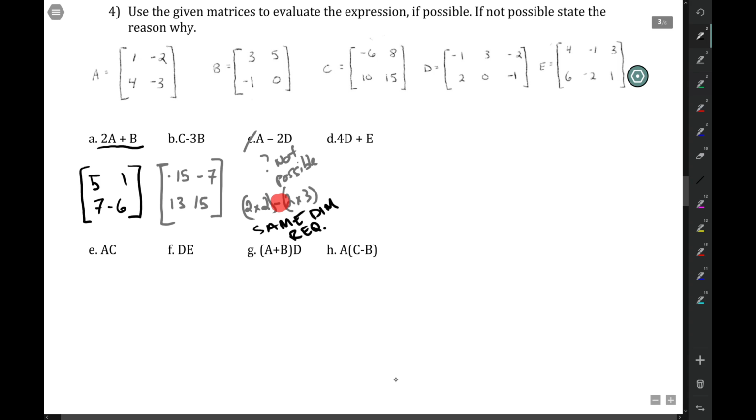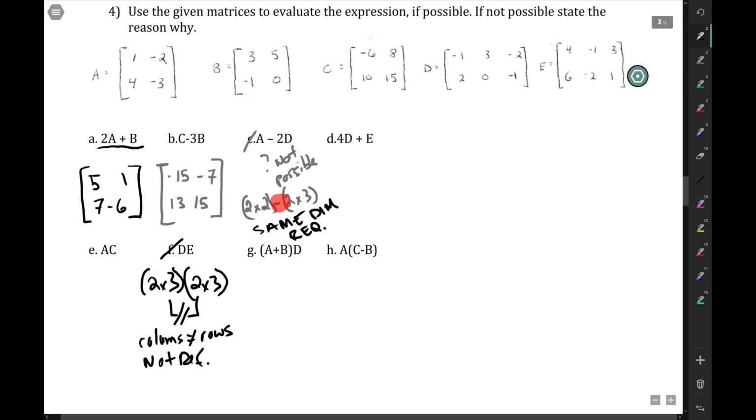D and E is also not possible if you're taking a 2 by 3 times a 2 by 3. Why is it not possible? These two numbers are not equal. Columns don't equal the rows in the second, so this one's not defined.